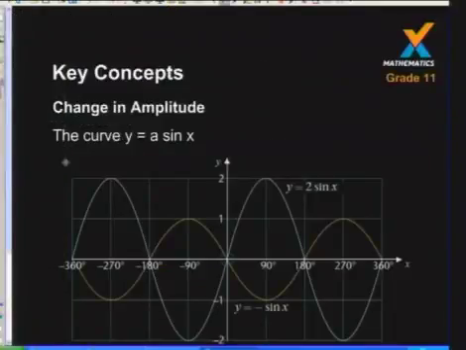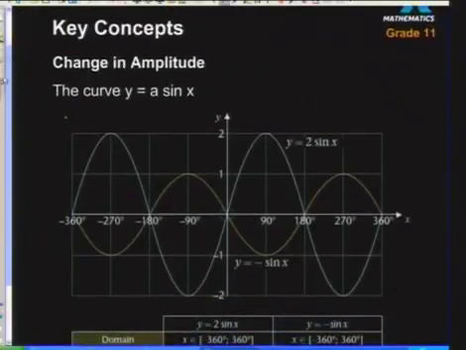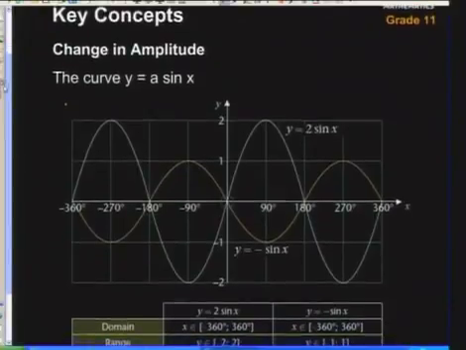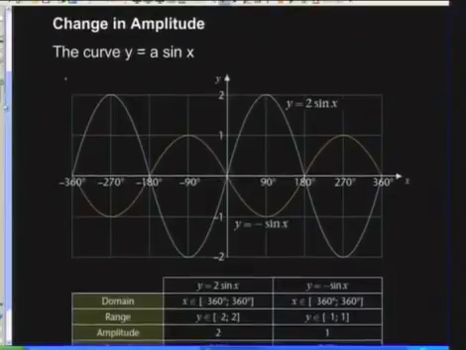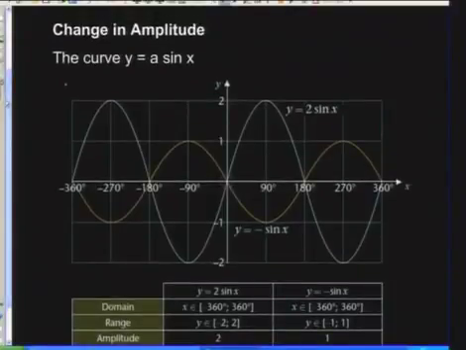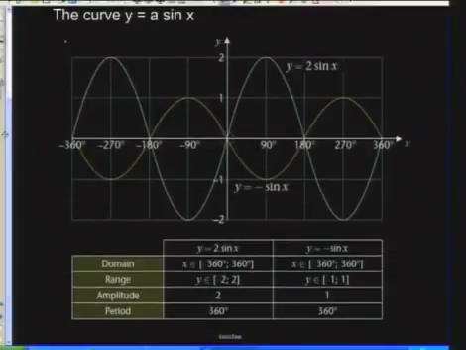Having said that with our key concepts, I want to now look at the graph of y equals a sine x, which we are calling a change in amplitude. And the graphs have been sketched for us, and just below the graphs, we've got a table that just shows us those key features: the domain, the range, the amplitude, and the period.